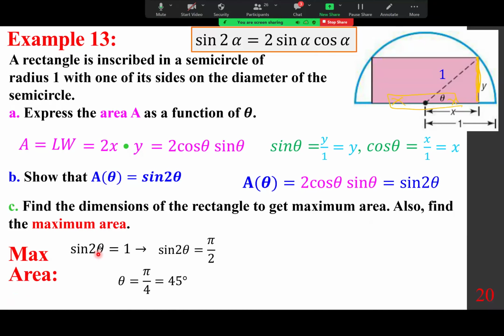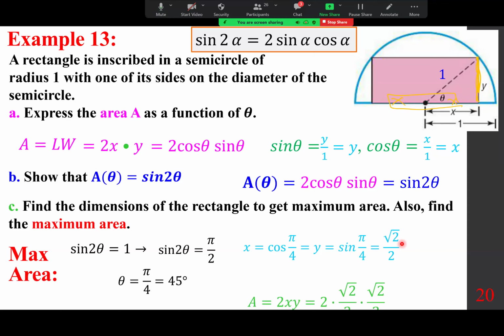So what are the dimensions? X is cosine theta, or cosine of pi over 4. Y is sine of pi over 4, and both of them are square root of 2 over 2. Now, please understand that. That means the width is square root of 2 over 2, but the length is 2 times that, okay?